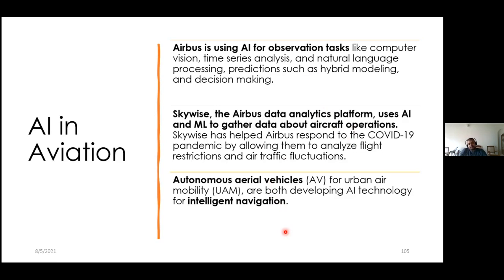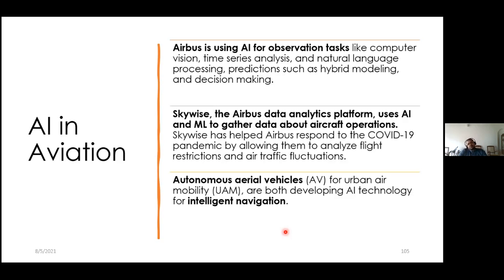Then this is another area that people are really focusing on now, especially China. In China, they are doing a lot of research and experiments on autonomous aerial vehicles for air mobility, urban air mobility, to cut down on traffic, etc. Even for goods delivery, it's a huge thing that the US is already using.